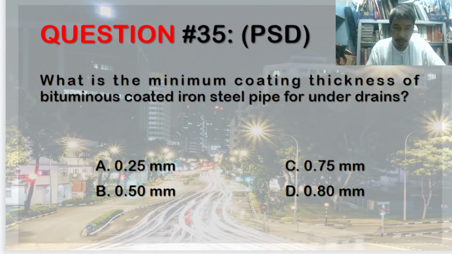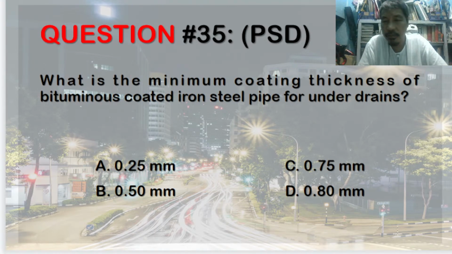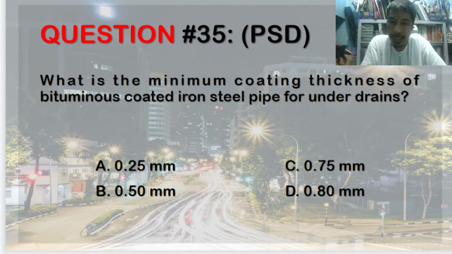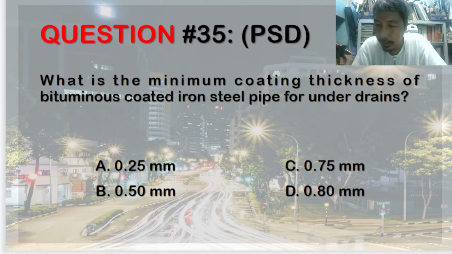So number 35. What is the minimum coating thickness of bituminous coated iron steel pipe for under drains? Okay. Steel pipe could be used for drainage system, so it must be installed under the ground. Steel pipe is coated by bituminous material to prevent fast corrosion.